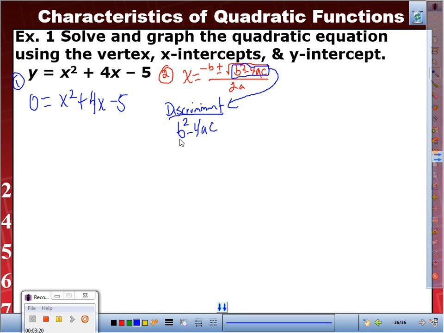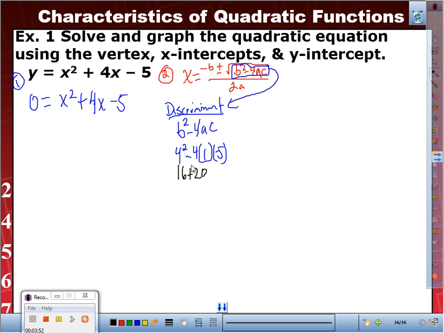So what is b? 4, so this becomes 4 squared minus 4. What is a? 1. And what is c? Negative 5. So let's simplify that. This becomes 16, negative 4 times 1 is negative 4 times negative 5, that's plus 20.